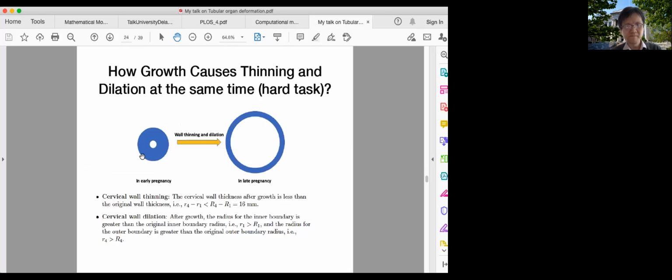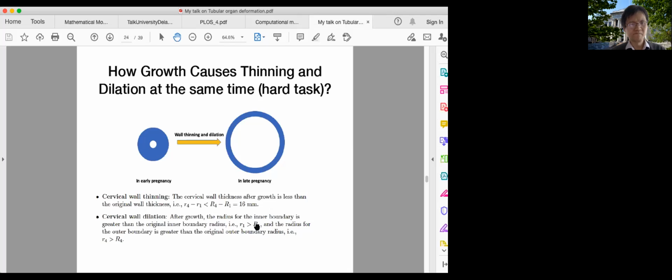Okay, so again, we want to model the cervix thinning and also dilation in this research. And we define the cervix thinning this way: the thickness after deformation is less than the original thickness. When this happens, this is thinning. For dilation, we want lowercase R1 bigger than capital R1.